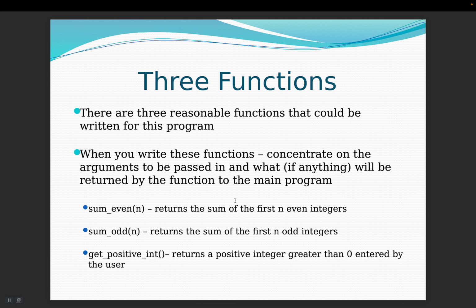It returns the sum of the first n even integers, and then we have sum odd, which returns the sum of the first n odd integers. Get positive integer returns a positive integer greater than zero entered by the user. So we can also put that into a function as well.